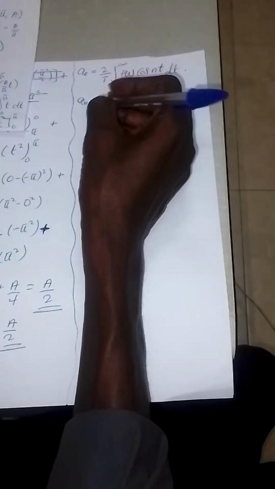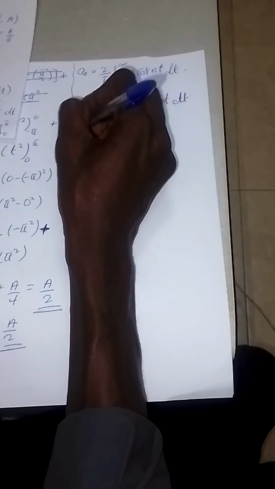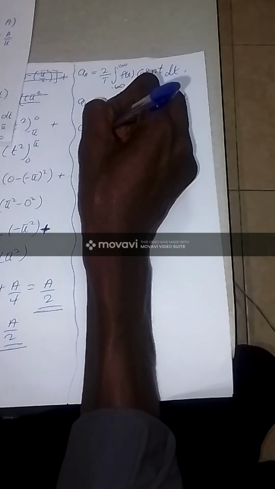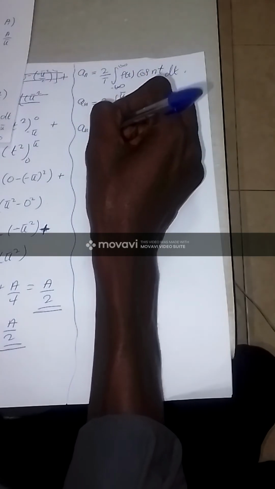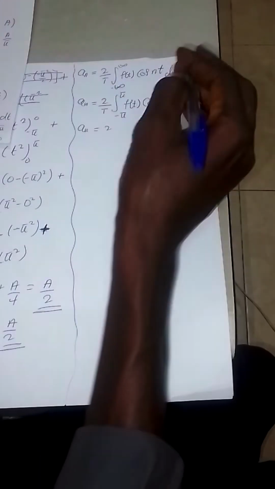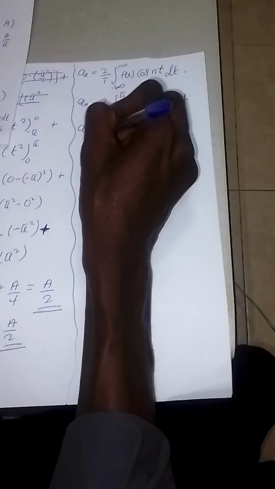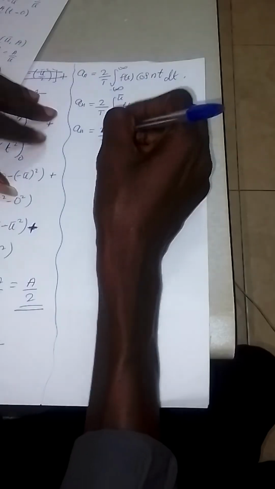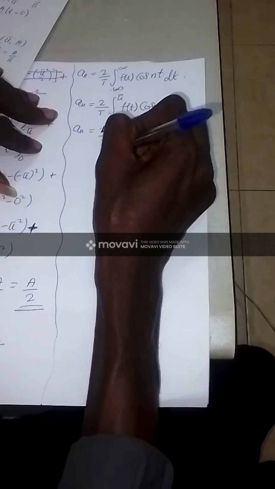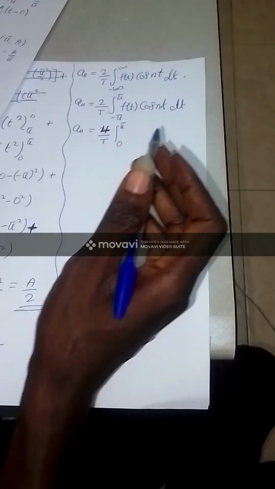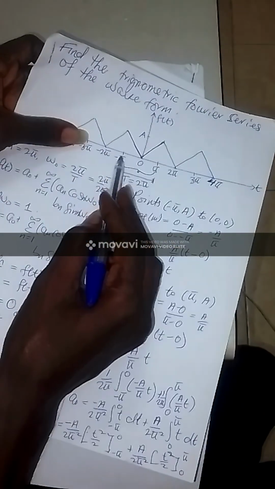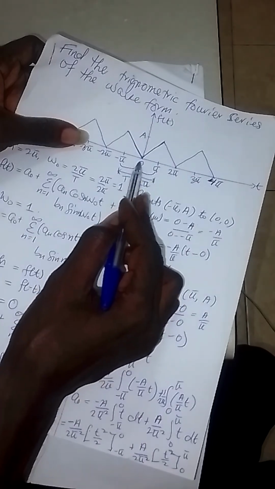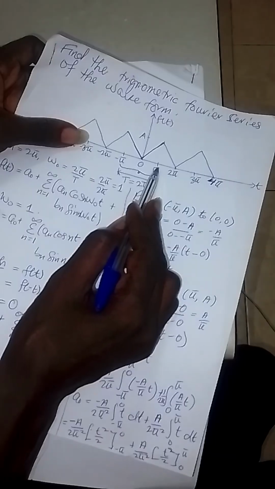So instead of that, I will say that An is equal to 2, so I multiply it by 2. If I multiply it by 2, I'll get 4 over T. If I multiply here by 2, I'll change the limit from 0 to pi, because the distance of minus pi to 0 and 0 to pi is the same as 0 to pi multiplied by 2.